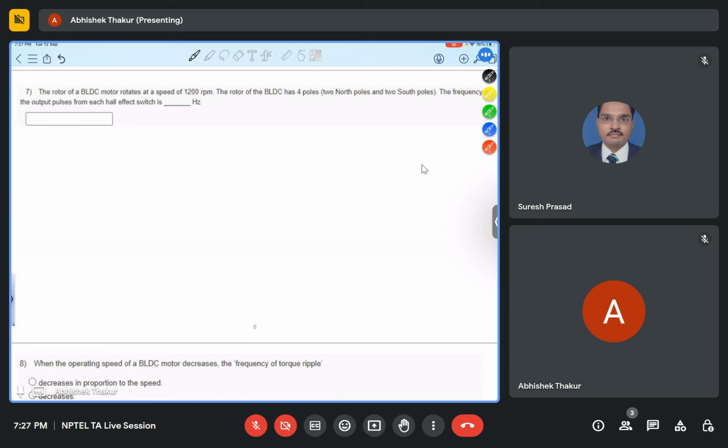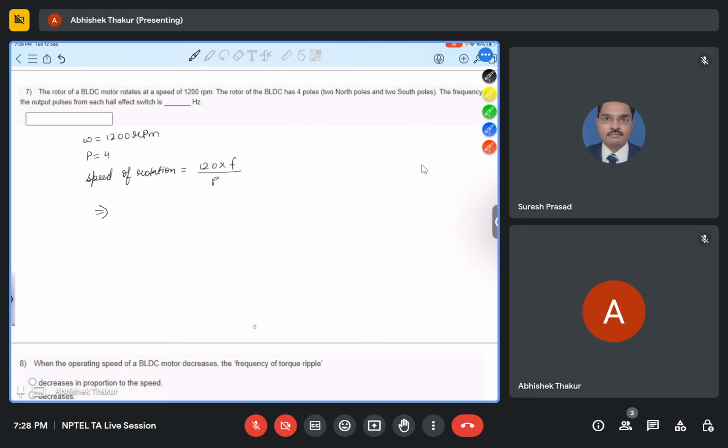So now we'll solve a numerical question. The rotor of a brushless DC motor rotates at a speed of omega equal to 1200 rotations per minute. The rotor of the brushless DC motor has four poles, two north poles and two south poles. The frequency of the output pulses from each Hall effect switch is to be found. We all know that speed of rotation is equal to 120 into frequency by poles.